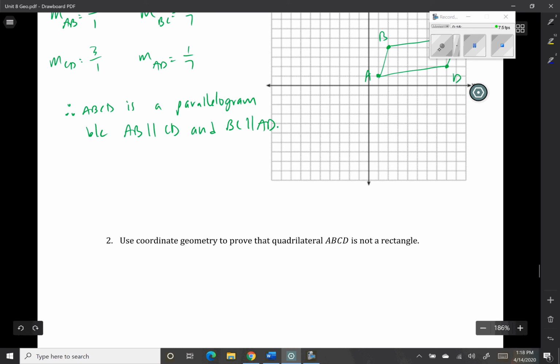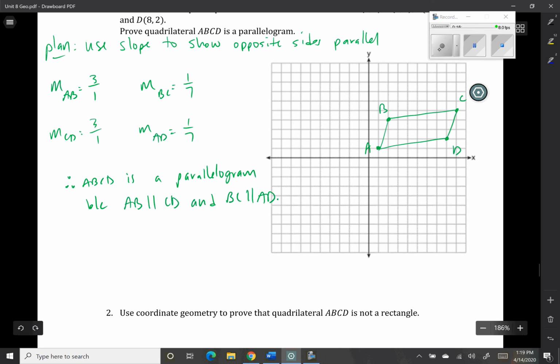Then it says, using coordinate geometry, prove it's not a rectangle. Well, we just did in a notes question to prove it is a parallelogram, that is a rectangle. We proved that the sides are perpendicular, meaning they have negative reciprocal slopes. So in this particular problem, since we've already done all the slopes, we can see that AB and BC are not perpendicular to each other. Those slopes are not negative reciprocals.